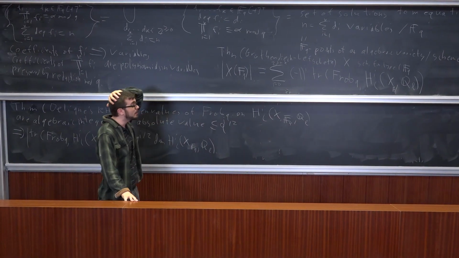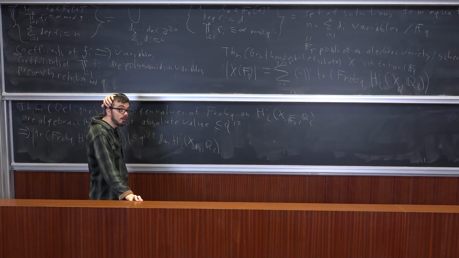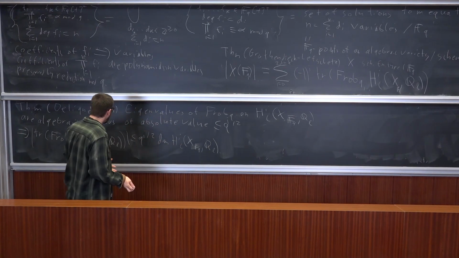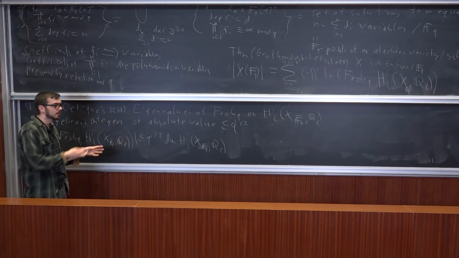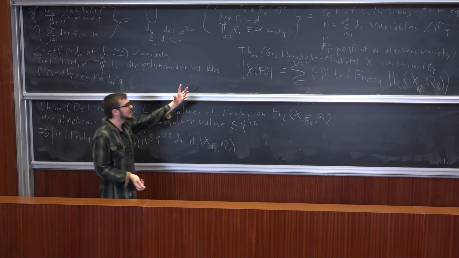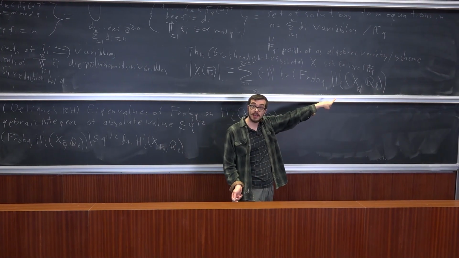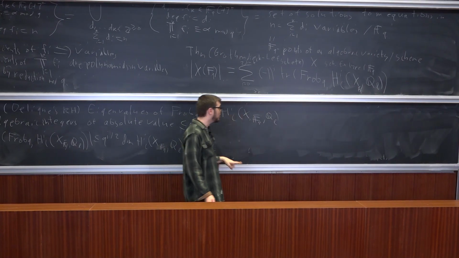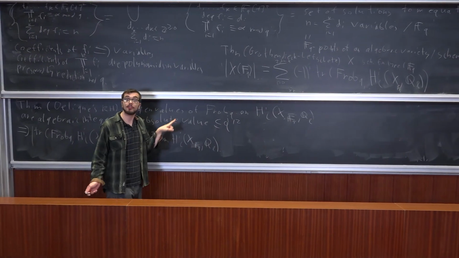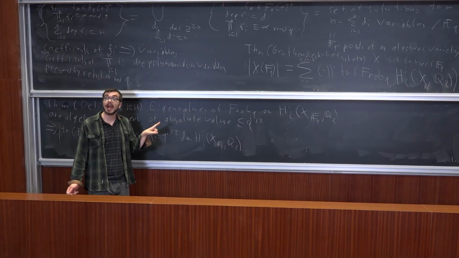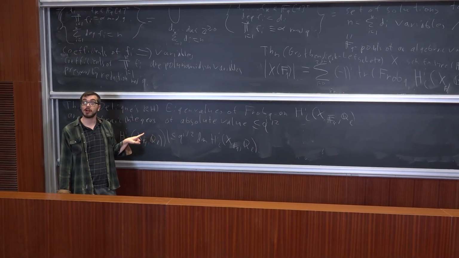Calculate as many of them as you can, and for the ones you can't calculate exactly, you need to bound the dimension. And then you apply these theorems. For the ones you can calculate, you calculate the trace exactly and see what it gives. And for the ones where you bound the dimension, you get a bound from Deligne for the error in your estimate which those cohomology groups introduce.